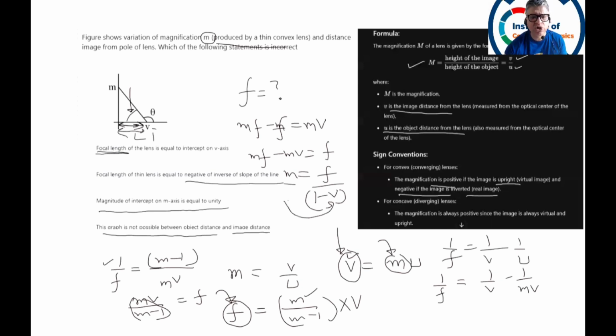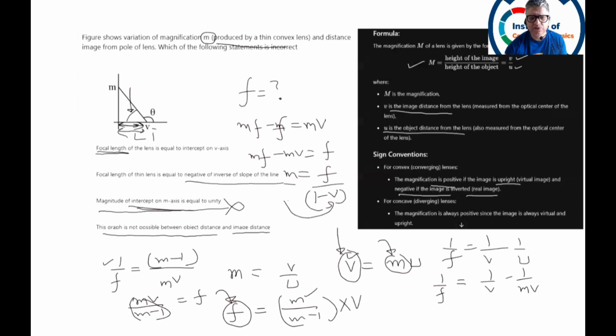This graph is not possible between magnification and v, this is absolutely absurd, right? Why should the intercept be unity? So focal length is inversely proportional to the negative of slope.